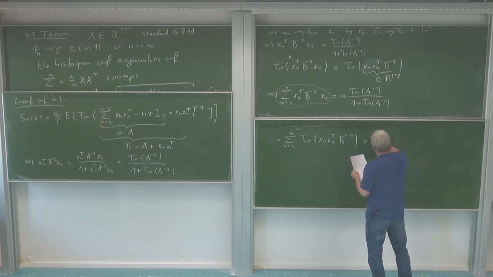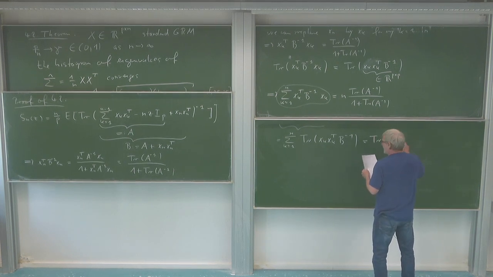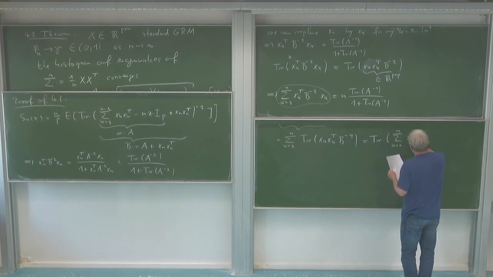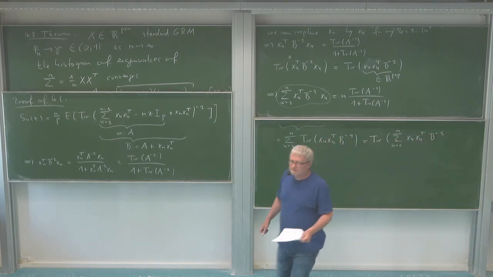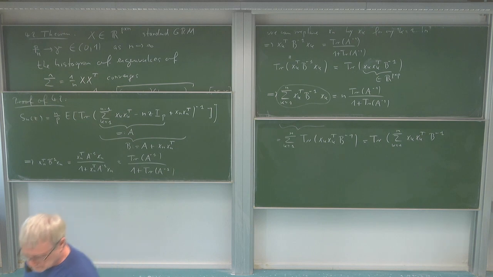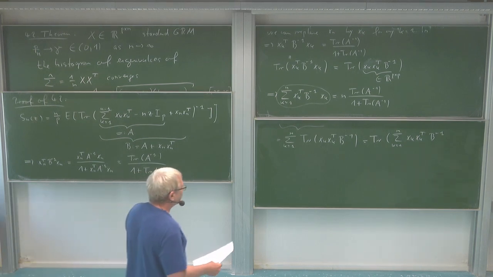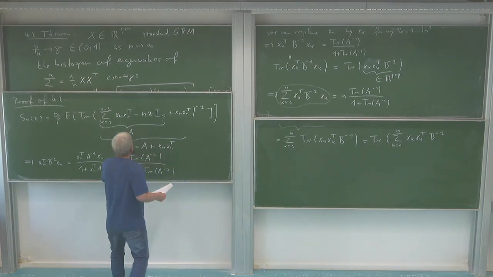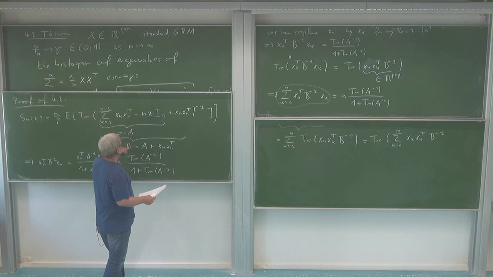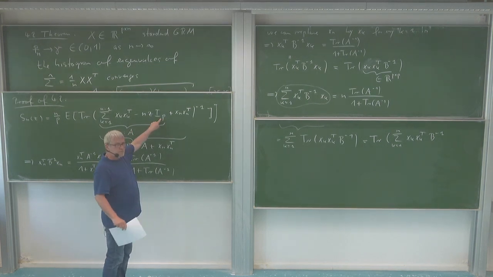Okay, so this is the trace of the sum from 1 up to n, xk transpose b to the minus 1. Yeah, but what is the sum of xk transpose? This is actually up to this guy. This is our b.